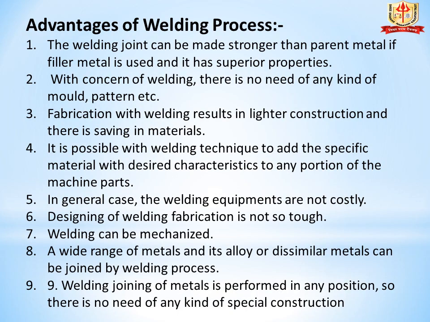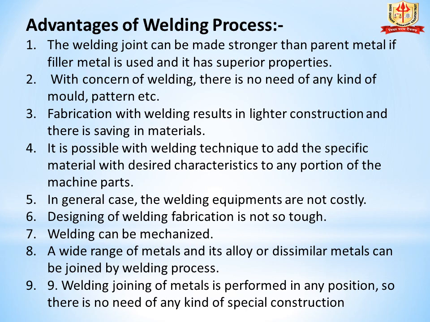Now we see different advantages of welding processes. Point number 1. The welding joint can be made stronger than the parent metal if filler metal is used, and it has superior properties. Point number 2. With welding, there is no need of any kind of mold, pattern, etc. Point number 3.